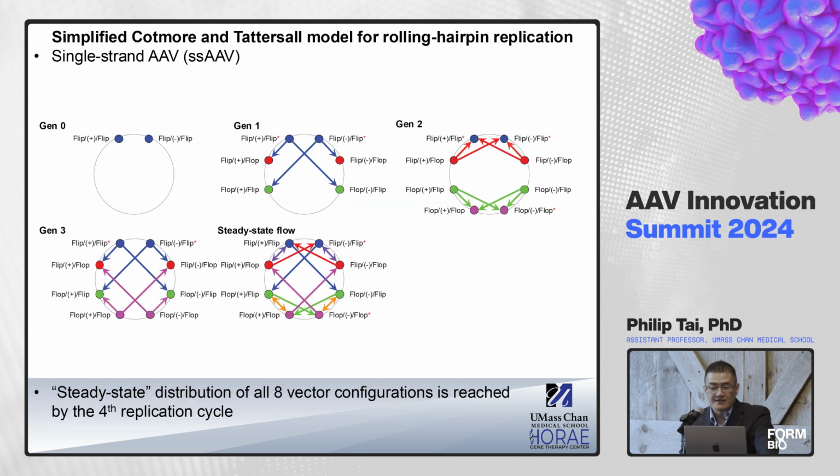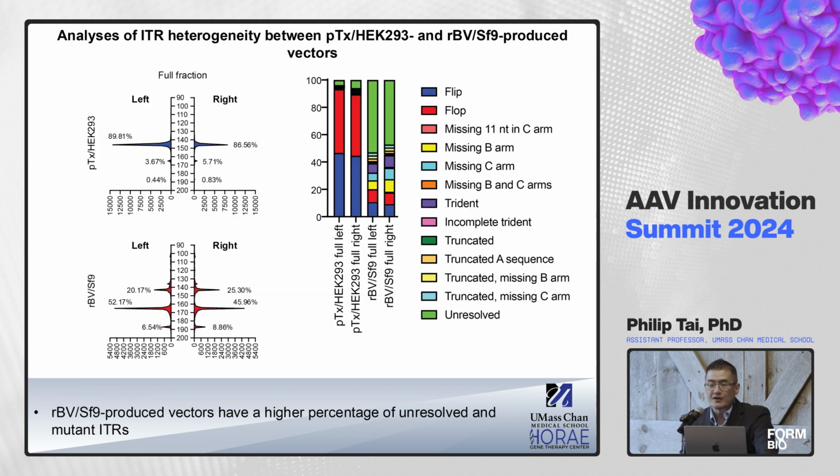If you repeat this over several times, by generation 2 you will cover all 8 configurations of flip and flop and plus and minus strand molecules, and by the 4th generation you get equal distribution of all of these configurations. So if you look at ITR configuration in your preps and you see predominantly a 50-50 split between flip and flop, you know that those molecules have undergone several rounds of replication during production.